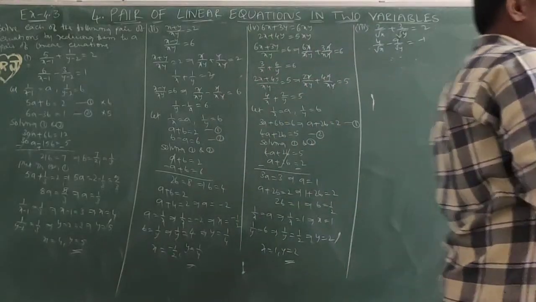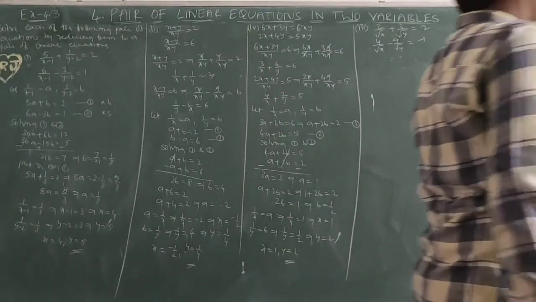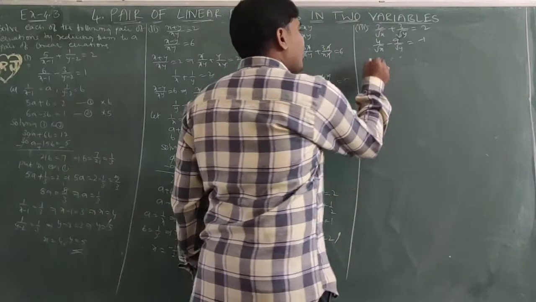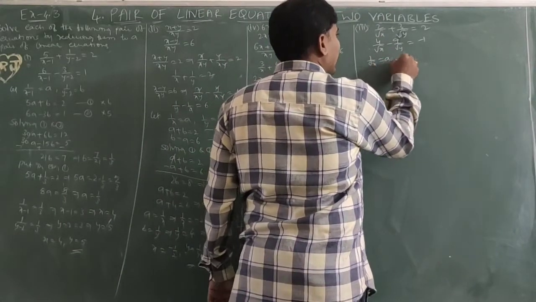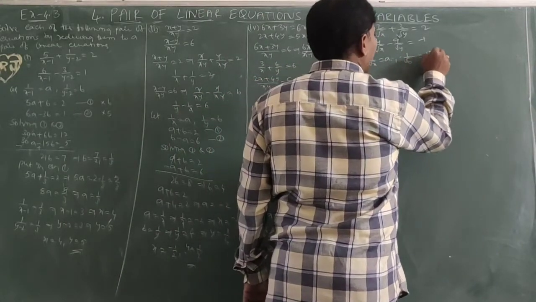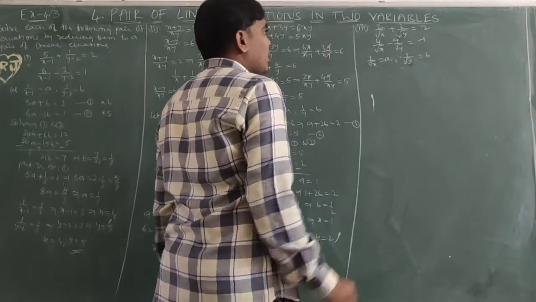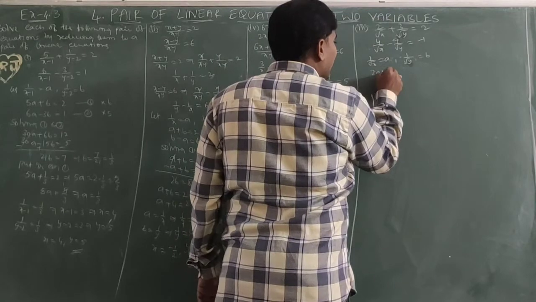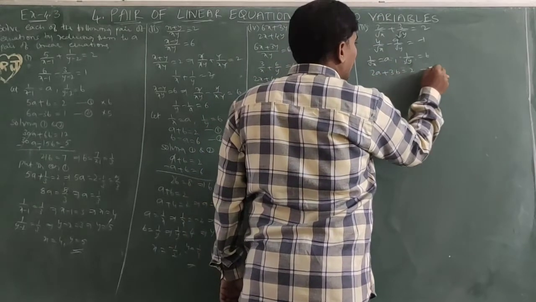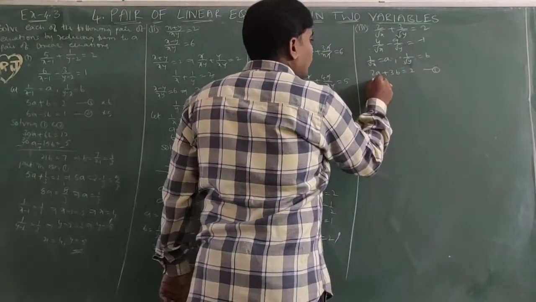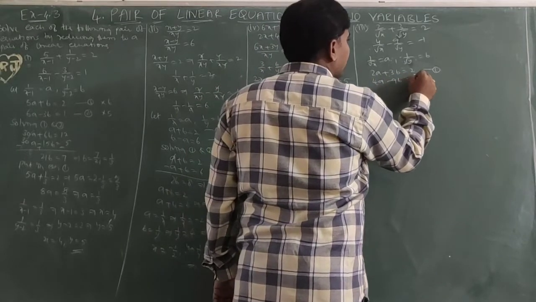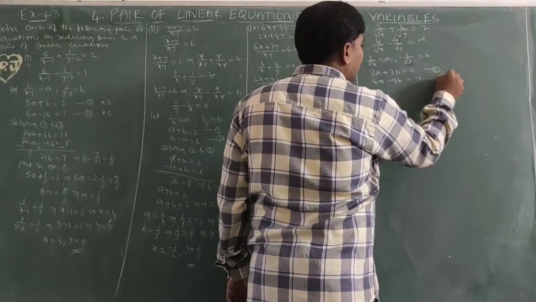Similarly, I am taking 1 by root x equal to a, 1 by root y equal to b. Then 2a plus 3b equal to equation 1, and 4a minus 9b equal to minus 1, equation 2.